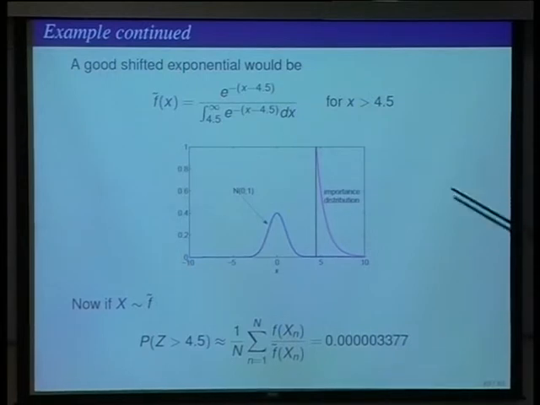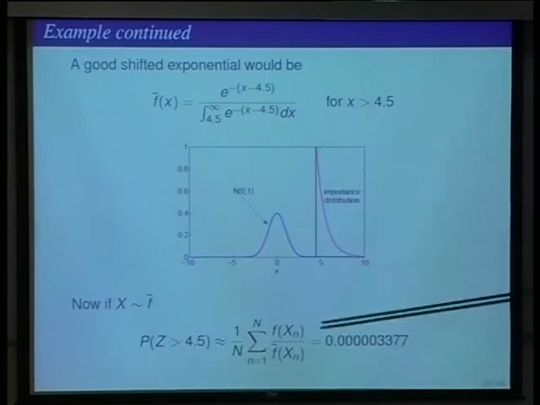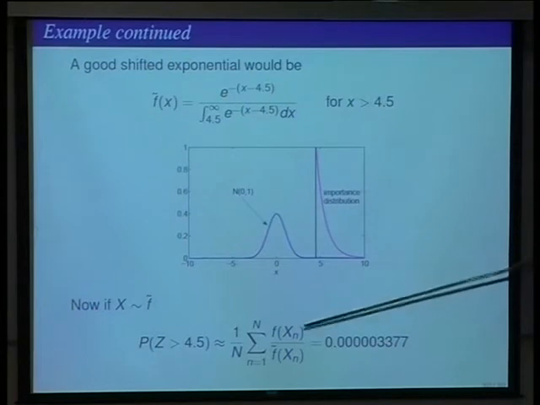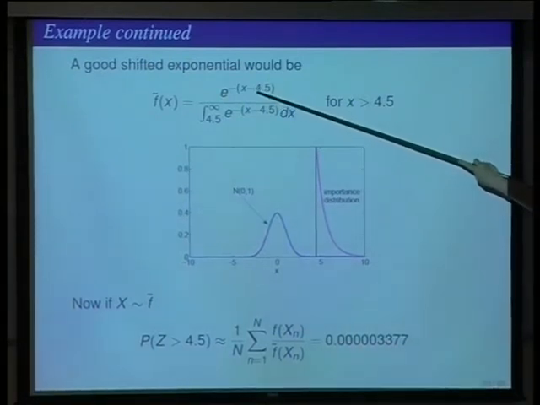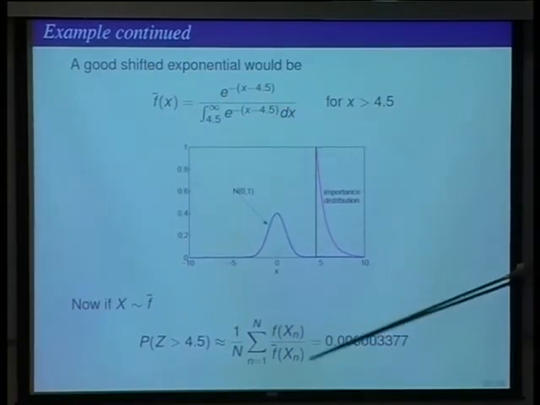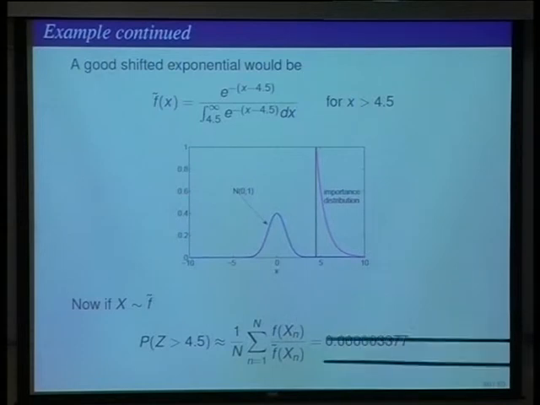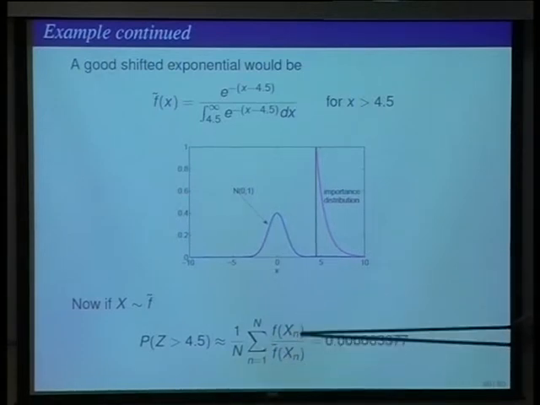Practically, say I sample 5, I plug 5 into my standard normal and into this exponential function, and I get some number. Instead of a 1 for my tally, that's the number that accounts for this biasing. And we get a probability that's really pretty small.